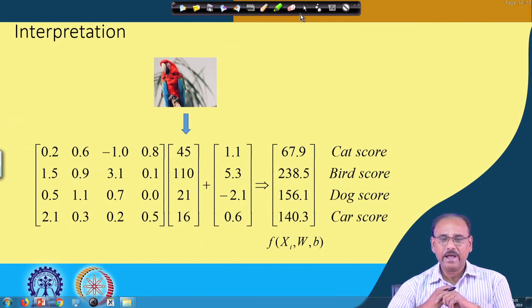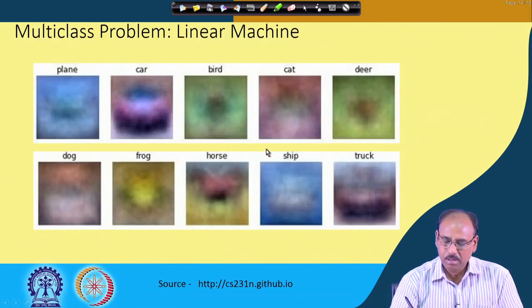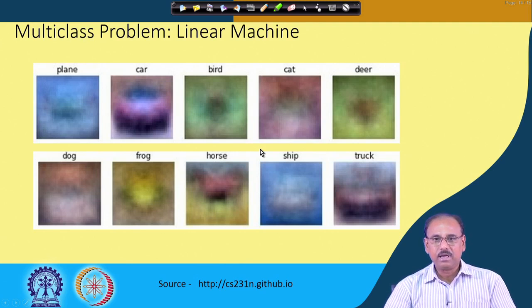So, going by that, I can consider the operation given by a linear machine as something like a template matching operation, or in other words, every row in the parameter matrix W is a template of the corresponding class, and you are trying to match your input vector with that template. And in fact, in the CIFAR-10 database, when you train the linear classifiers, you can see these are the different categories which the CIFAR-10 database contains.